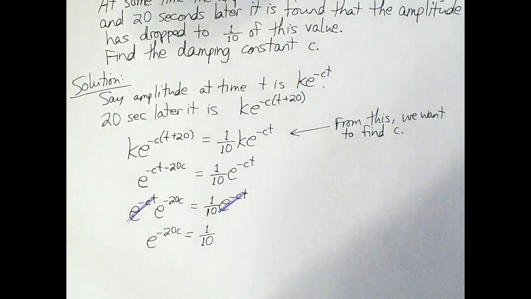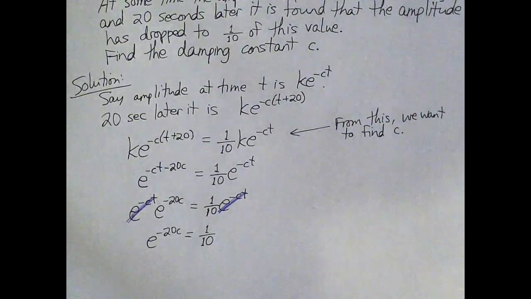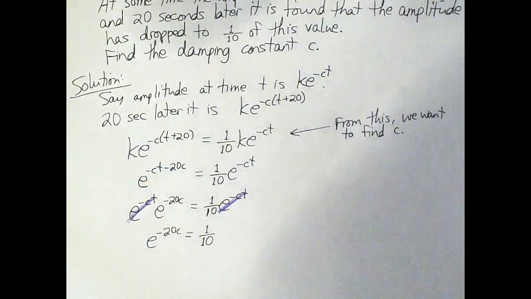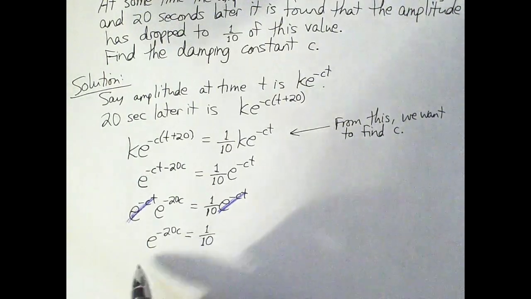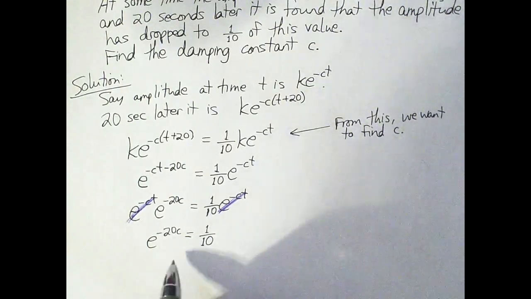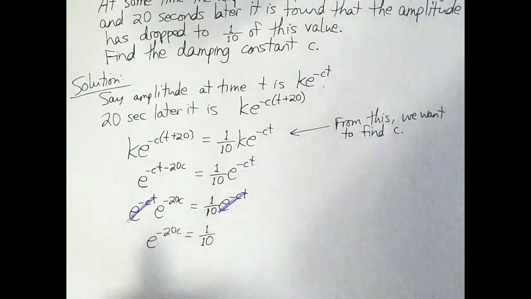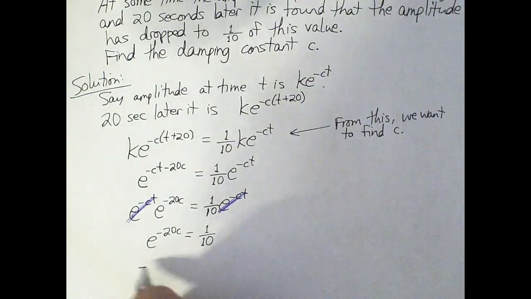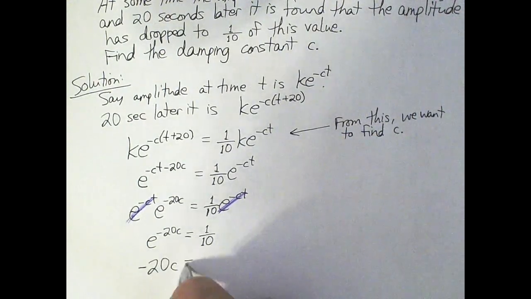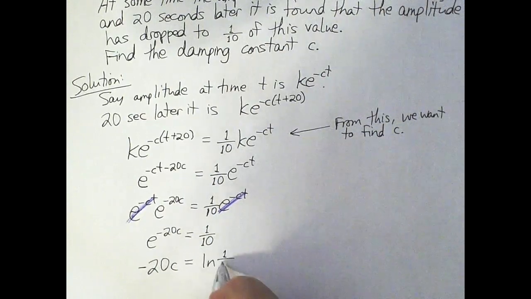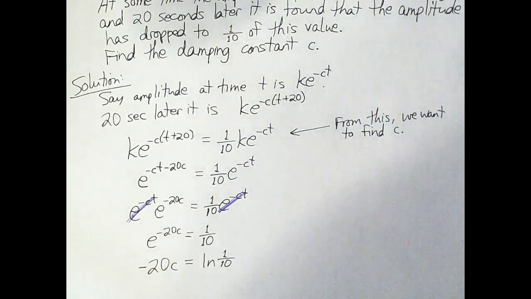That would be considered an exponential equation, and we talked about exponential equations earlier in the semester. So what do we want to do here? We could do ln of both sides. Negative 20c equals ln 1/10. How about that? That's going to help us find c.